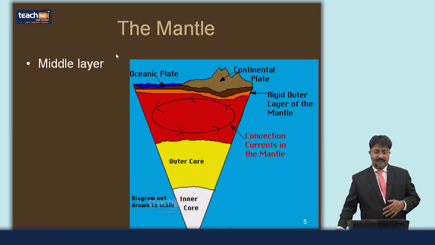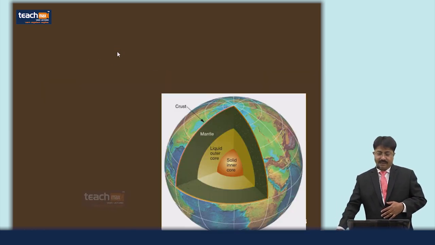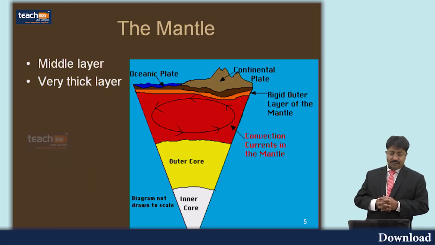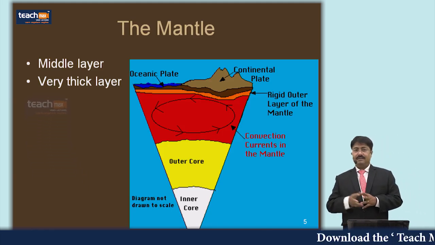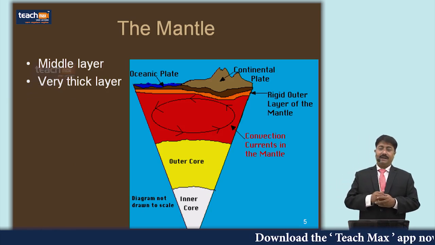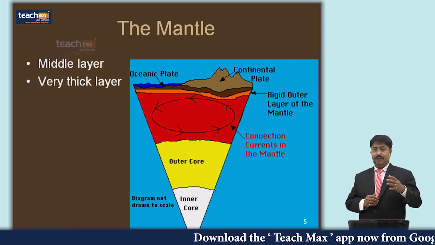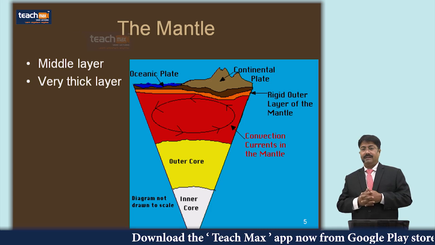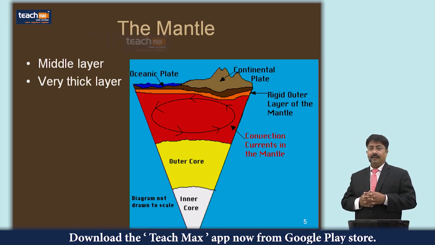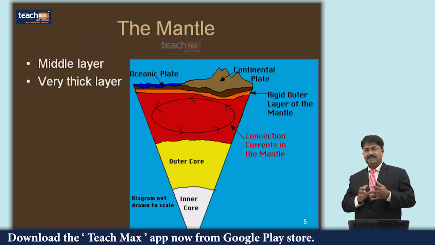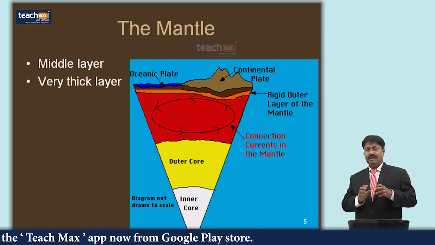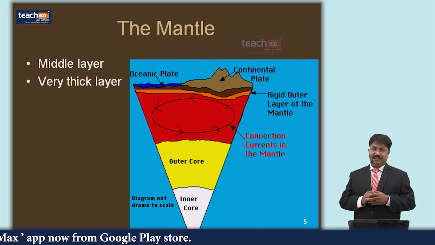This is the mantle. It is again divided into two parts, the inner mantle and the outer mantle. The inner mantle, to some extent, is a little bit in a liquid state.